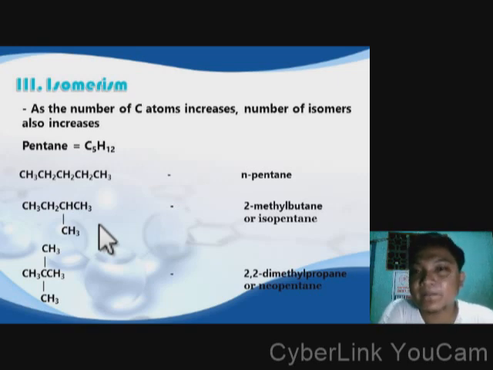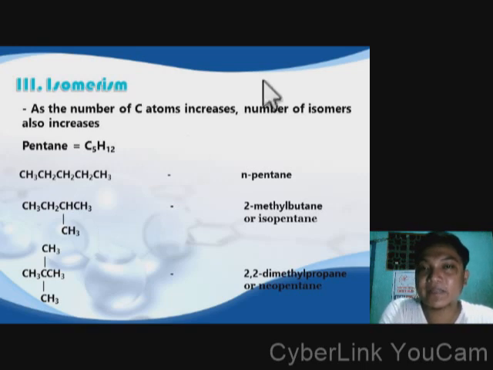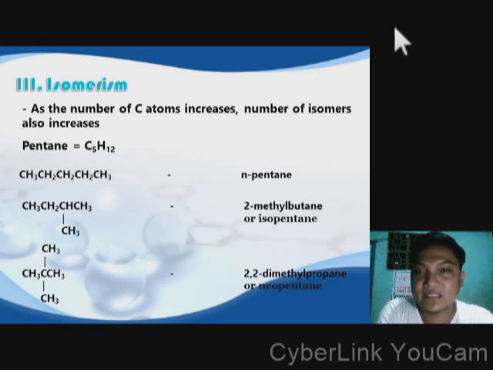Next is your 2,2-dimethylpropane or neopentane. Tignan natin kung isomer din siya ng pentane. So, let's see the number of carbon. Ilan ba ang number of carbon na present? So, we have here 1, 2, 3, 4, 5. 5 din, di ba? Okay, so that proves na may 5 carbon, same as true with your N-pentane.